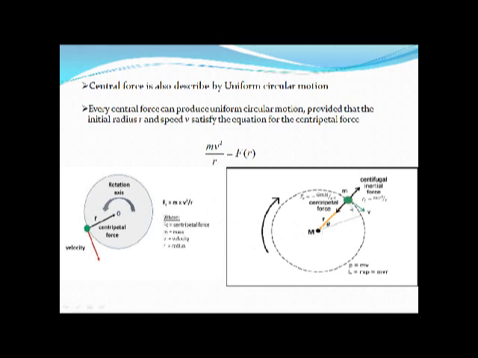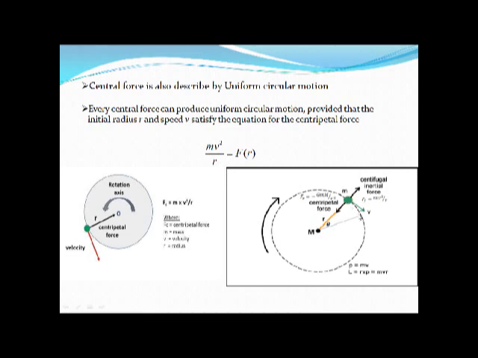In the previous topic I said that the area covered by any object is equal in equal time intervals. Here, suppose m is a planet moving around the sun, then this theta varies with the distance.